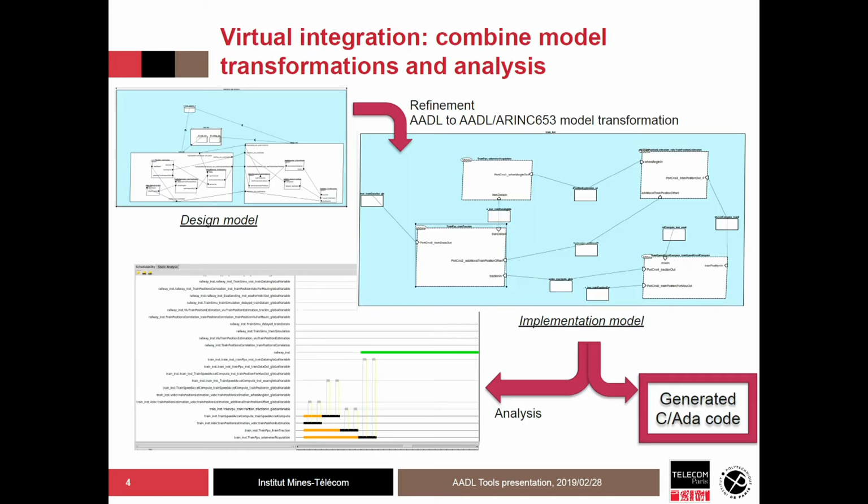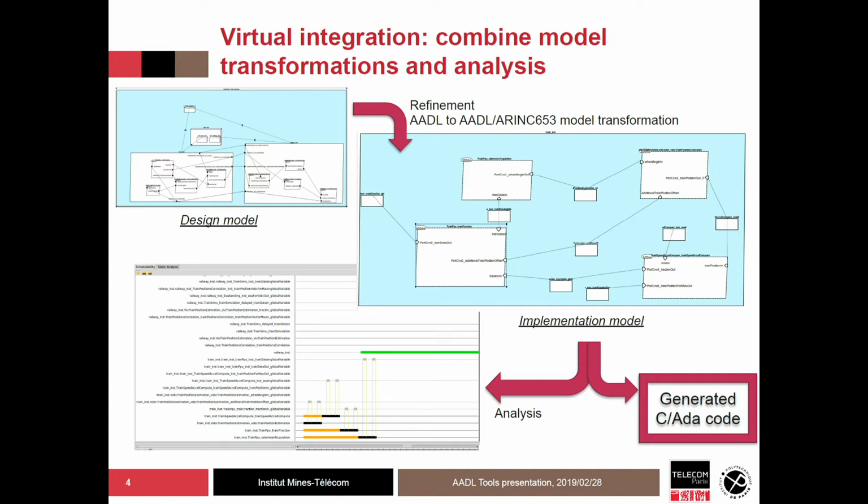Just to clarify a bit the ideas I was presenting before, you have on the left side here a design model where all the data flows are represented with connections. And you have on the right side an implementation of this model.